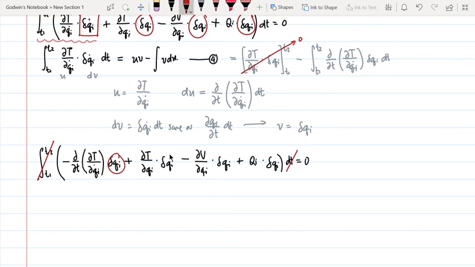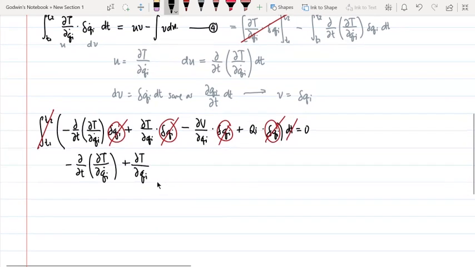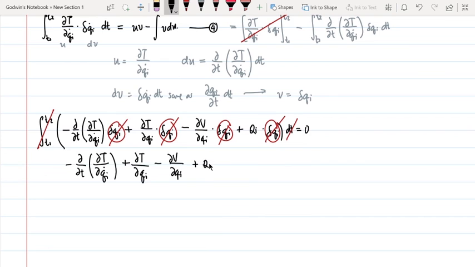And then we notice now that every term here has the delta qi, which we can peacefully cancel. And then finally, second to the last step, we have this beautiful result plus partial t over partial qi minus partial v over partial qi plus Qi.